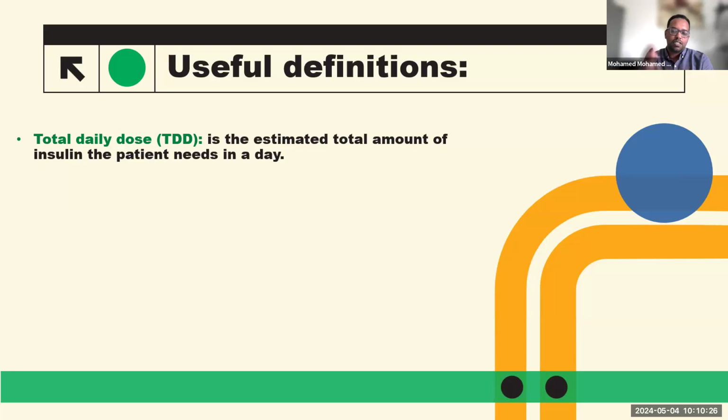So roughly speaking, if you have 6 units of Tresiba every day, and you have about 10 units of short-acting insulin, like 3 for the breakfast, 3 for the lunch, and 4 for the dinner, your total daily insulin is 3 plus 3 plus 4 plus 6, which is 16 units per day. So it's whatever insulin you need over the whole day to maintain your blood glucose that is called total daily dose.